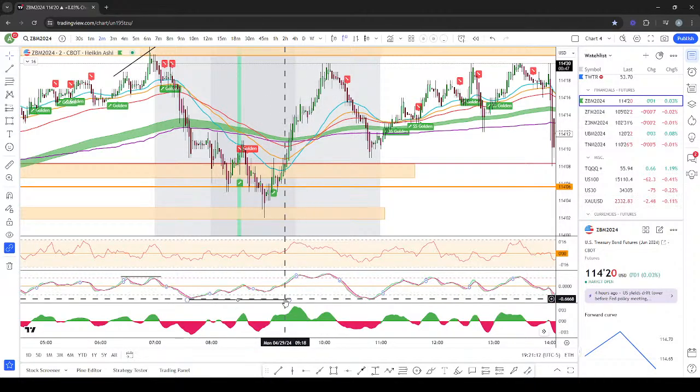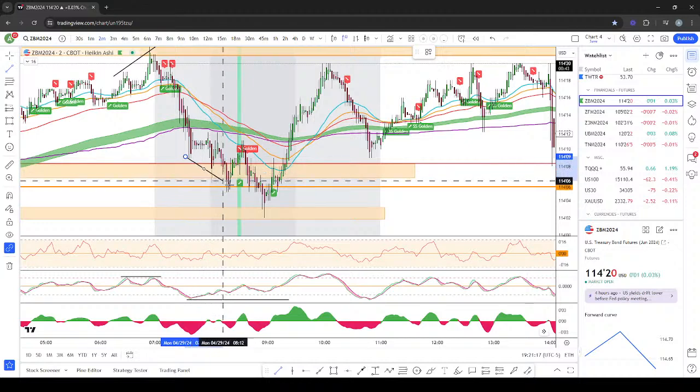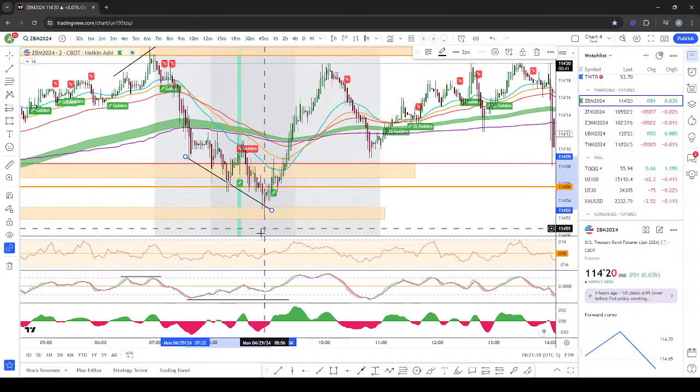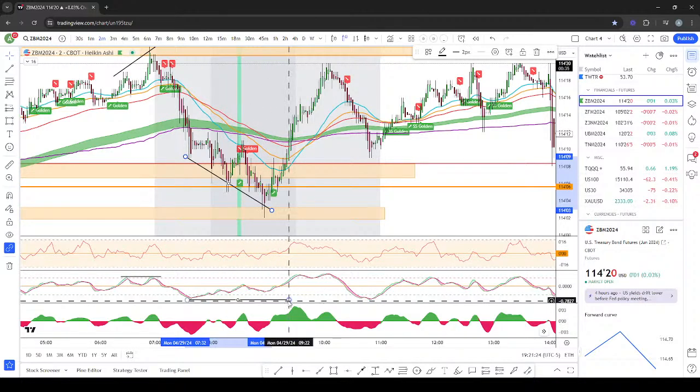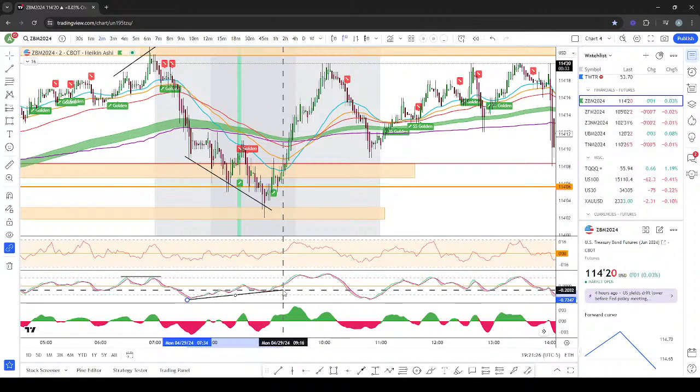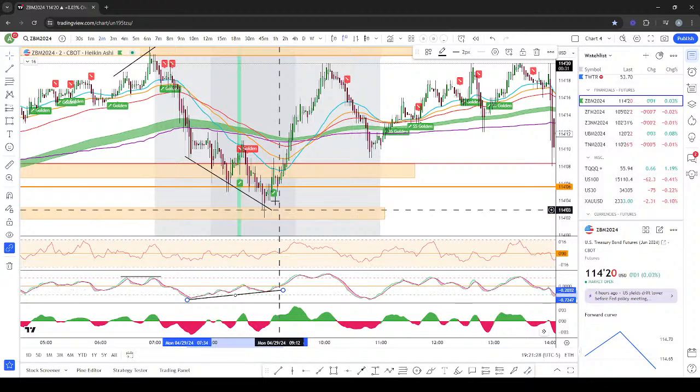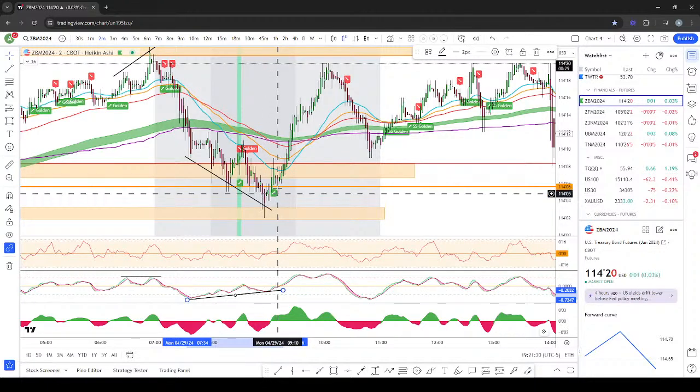As price is making these lower lows, you want the oscillator to be making higher lows. This is where you can take this line and go up once you start to see your Oracle signal right here.